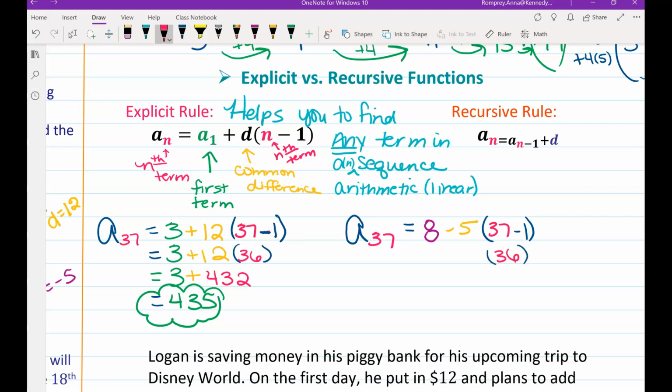So I'm going to simplify. I've got 36. So 8 minus 5, and I just need to simplify. -5 times 36 gives me 180. So 8 minus 180 is going to leave us with -172.